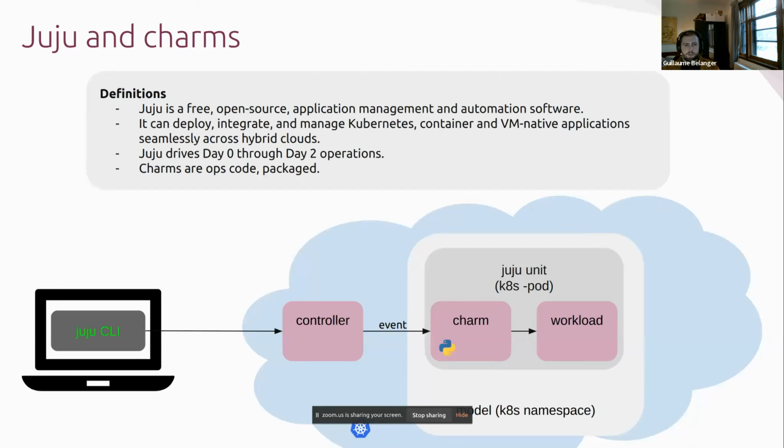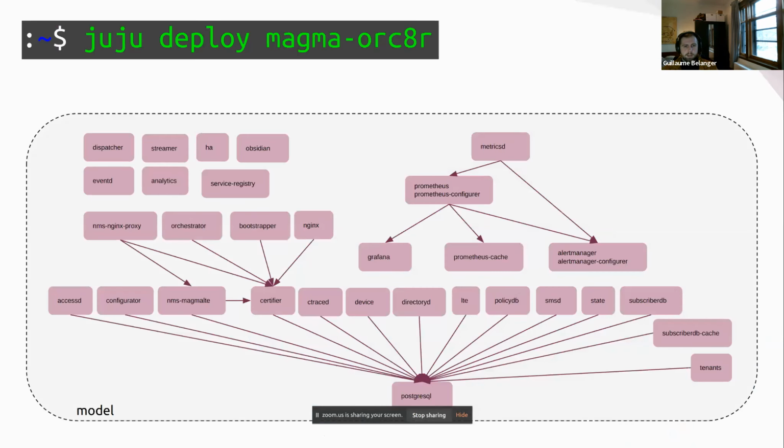So it will make it really seamless to upgrade your application. So yeah, in the context of orchestrator now, orchestrator is a big thing. Like I said, there's 20 something services. So what happens behind the scene when you do Juju deploy magma orchestrator is you deploy each of those charms. So a package of both the workload and the operations code for each of those applications.